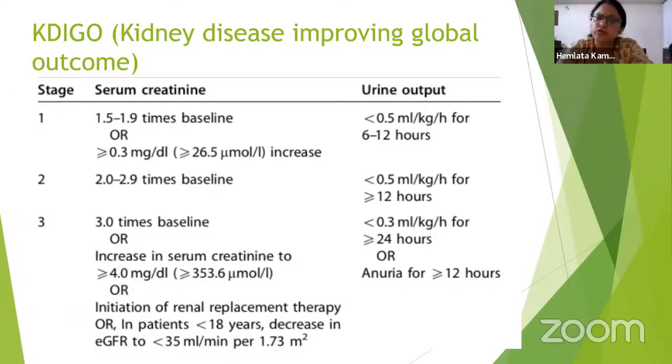Okay. Suppose a patient has been given some radio contrast and comes for anesthesia. How will you manage in terms of prevention of AKI? Contrast-induced renal damage, how to avoid? Fluids.